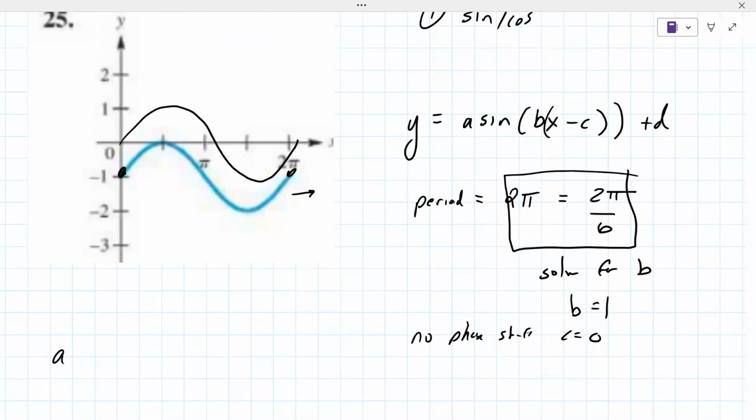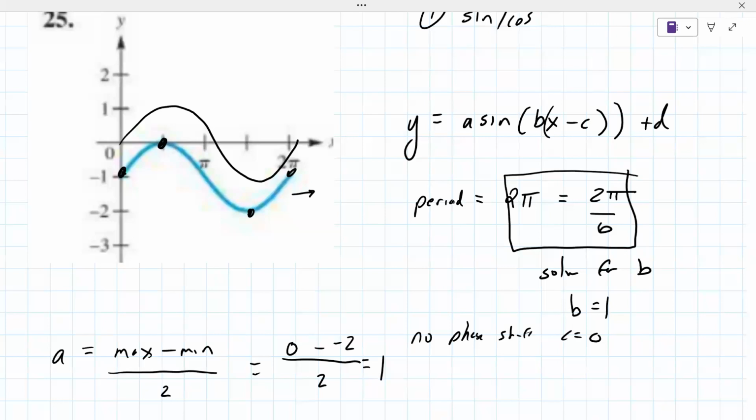Okay. All right. The a value is the max minus the min divided by 2. So the max value of the original is 0. The min of the original is minus 2, divided by 2. So this ends up being 1.